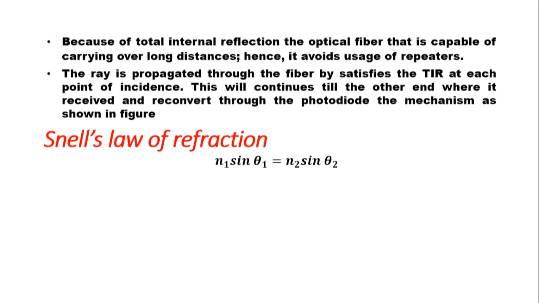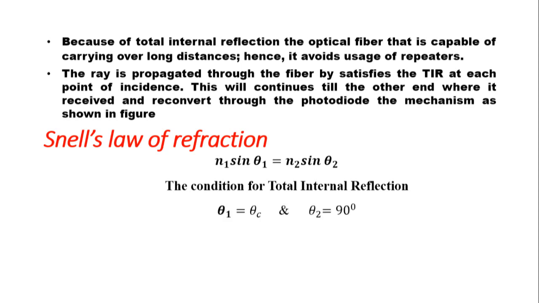As per that, for the condition of total internal reflection, when the angle of incidence equals theta c, the angle of refraction becomes 90 degrees. That means the ray just grazes through the interface at the boundary region.